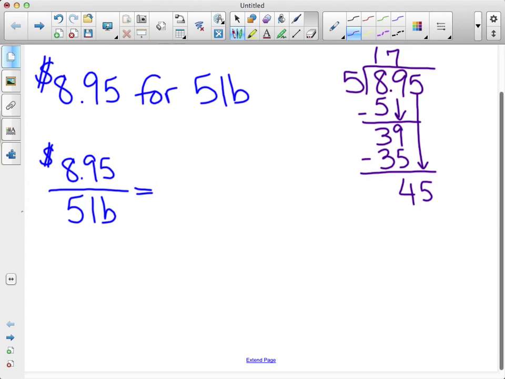Doing the long division, or you could just punch this into your calculator pretty quickly. Doing that division, we're going to have $1.79 per pound.